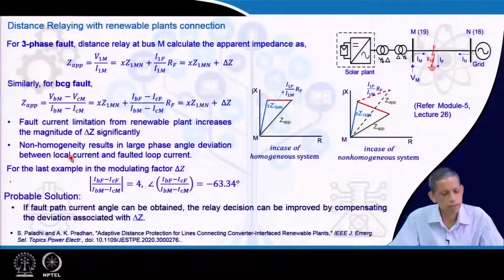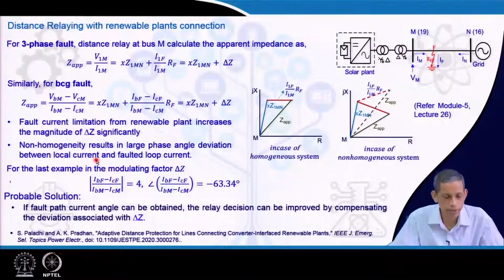Non-homogeneity is another issue, for the large scale phase angle deviation from the normal situation with a synchronous generator also. In the last example, for this delta Z the modulating factor has two parts, RF and this current angle ratio part.